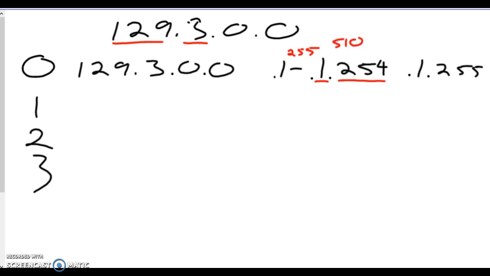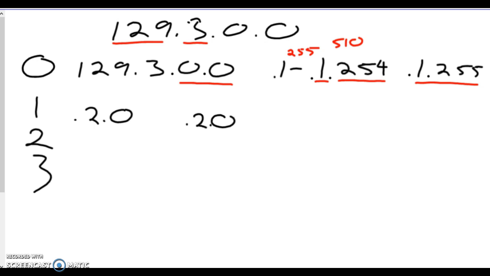If we add on the broadcast address and our starting address, we have 512 total addresses. Our next start would be 2.0, and that's because after our broadcast of 1.255, we have to increment again.